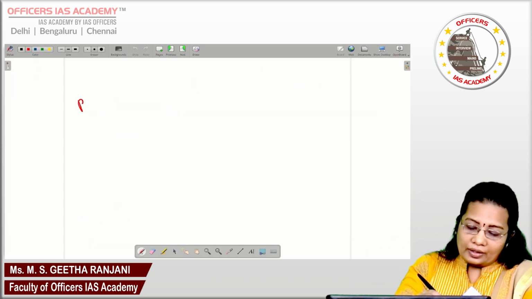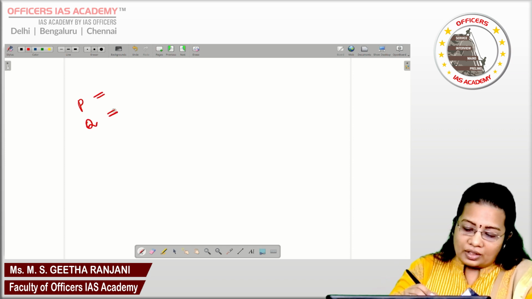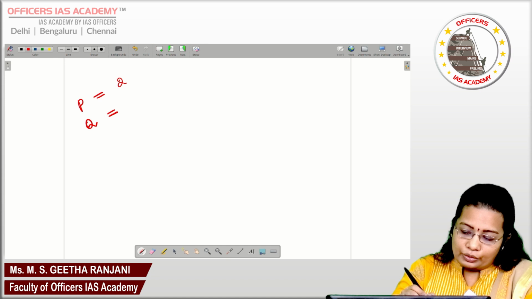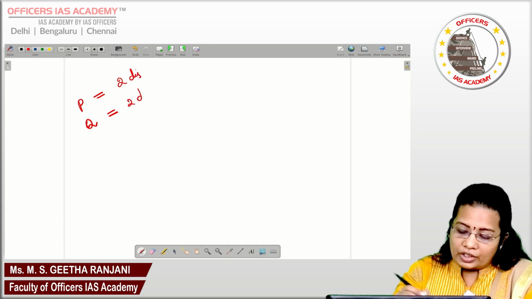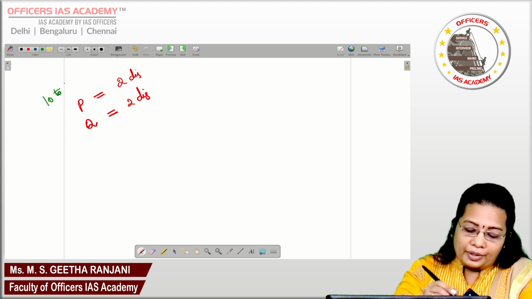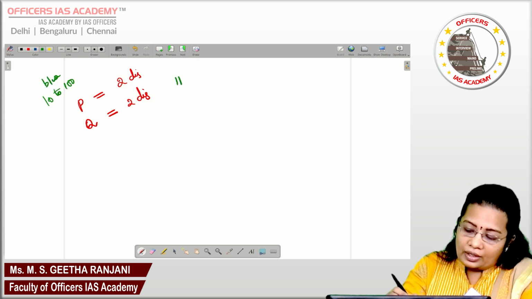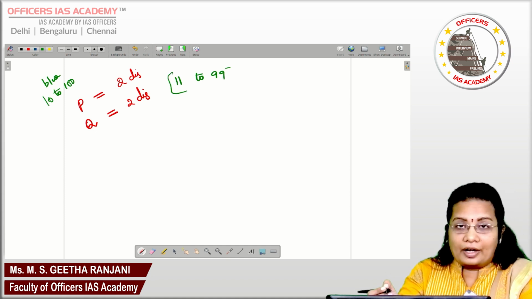So P and Q are both 2-digit values. This we can decode from the question, because 10 to 100 is given. So the possible values for P and Q are 11 to 99.